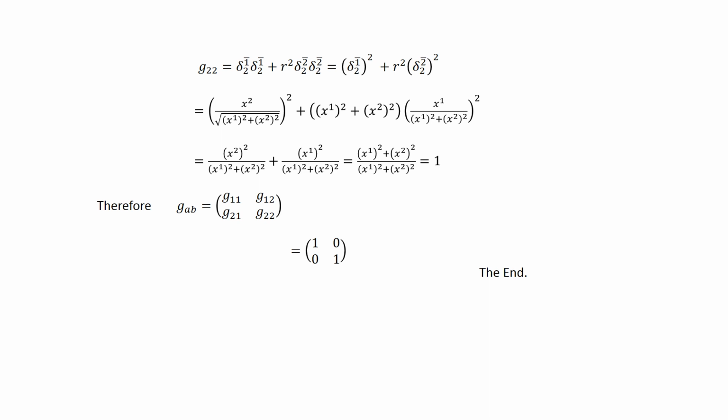Okay, using these techniques, we have found all the terms required for the metric gab, as we need g11, g12, g21, g22. Guys, you know g11 is 1, the non-diagonal entries g12 and g21 become 0, and we got the fourth term also 1.